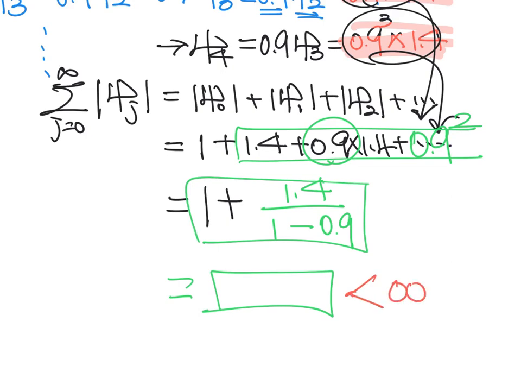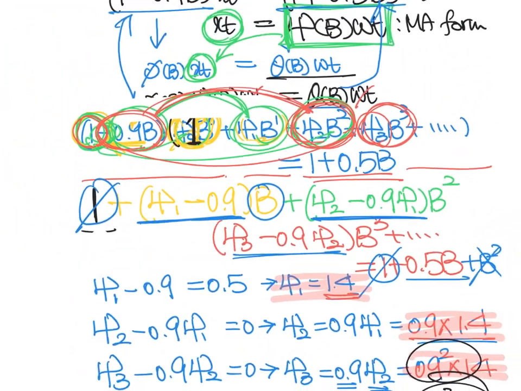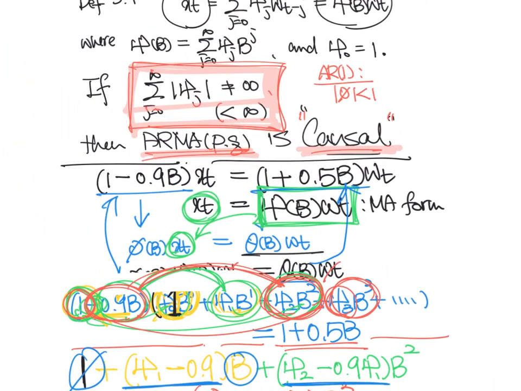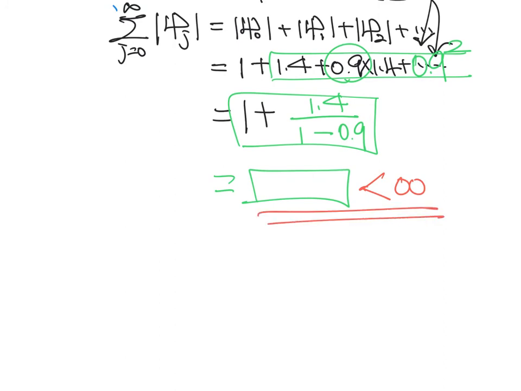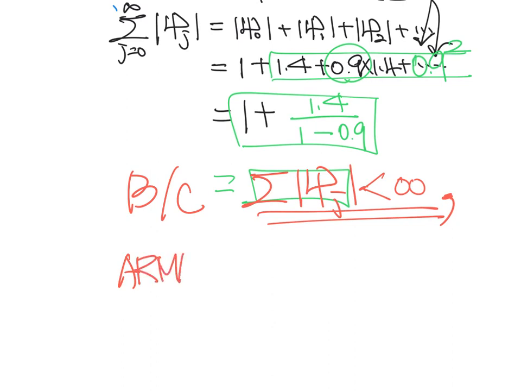What does it mean? The very first one, yes, this one. It was the ARMA(1,1) model. What? Causal. Okay, so finally, because the infinite summation is less than infinity, the ARMA(1,1) is causal.